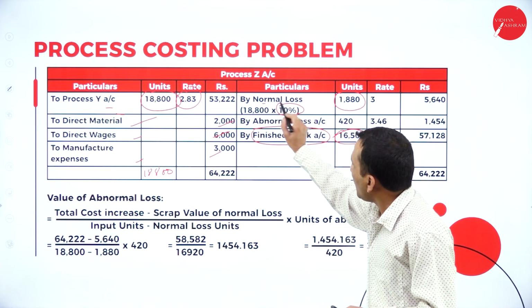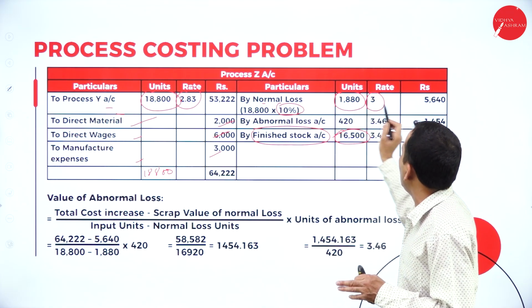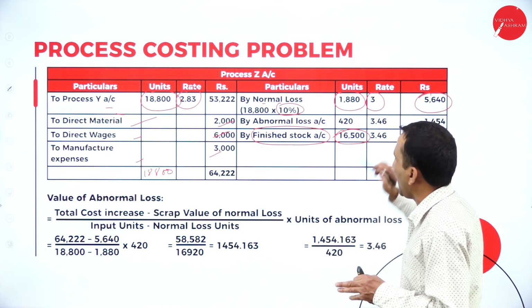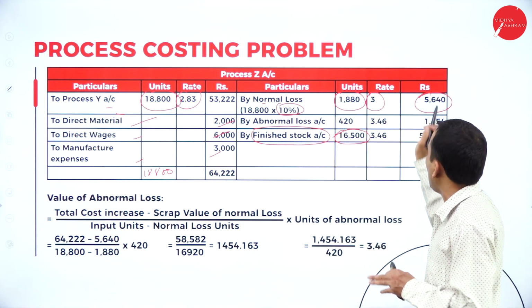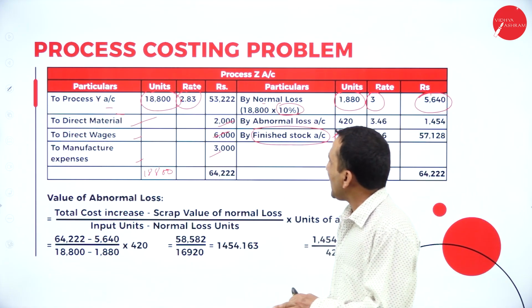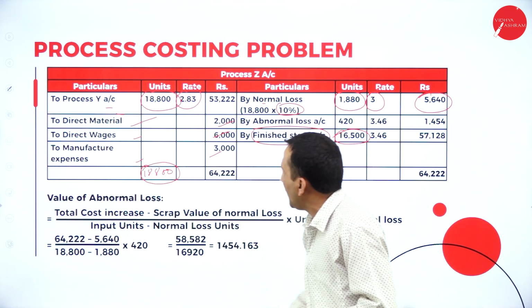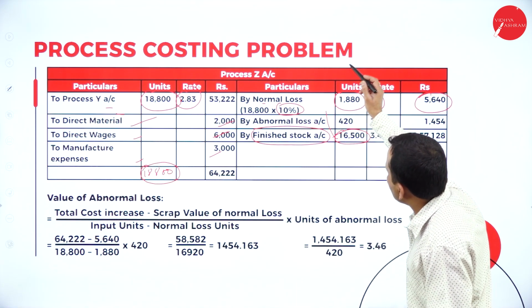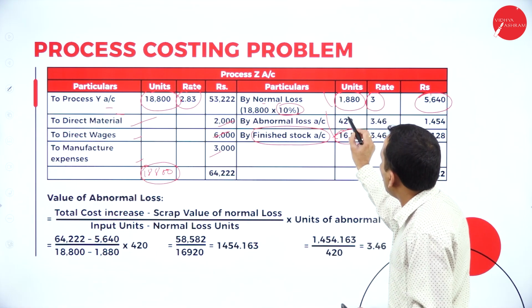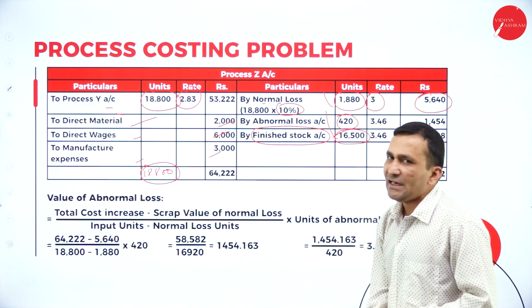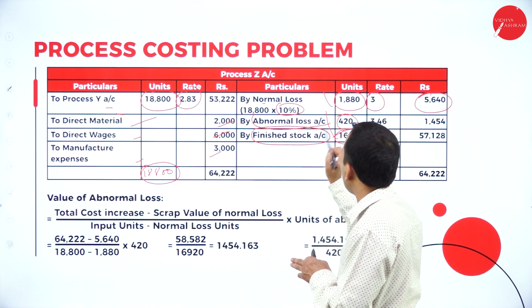Here the normal unit scrap value we recovered is 3. If you multiply, 5,640. The scrap value is given in the question, so we multiply. Now from the total 18,800, if you subtract 16,500 and 1,880, the difference we get on the credit side we call an abnormal loss, which is a balancing figure.